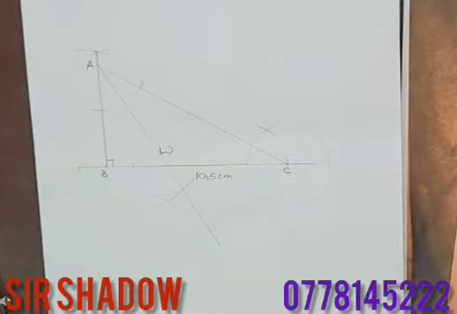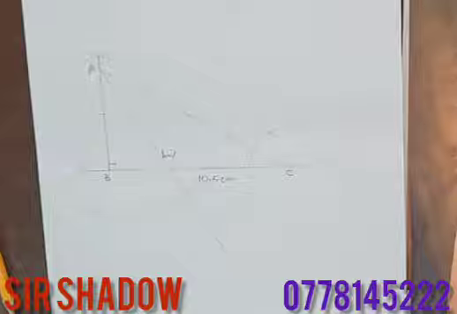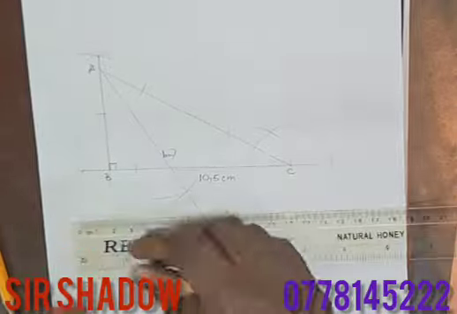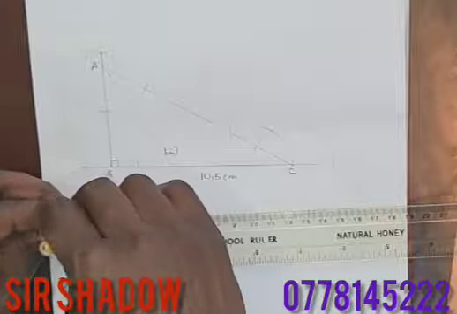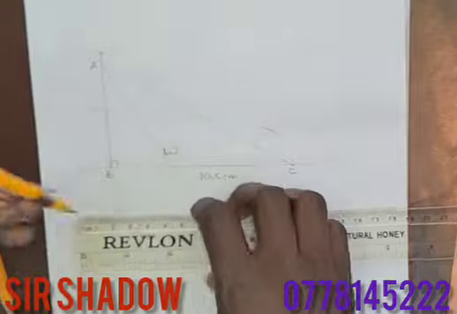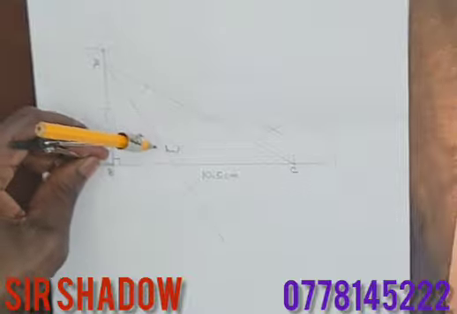Construct the locus of points 3 centimeters from BC. 3 centimeters from BC. Remember, we have B and C. So we want to bisect 3 centimeters from BC.